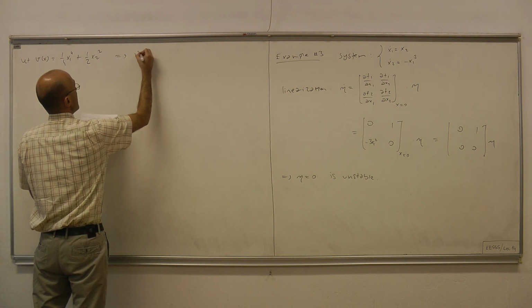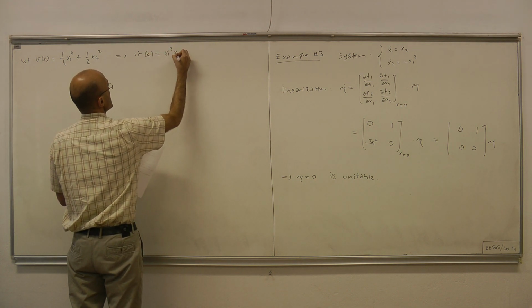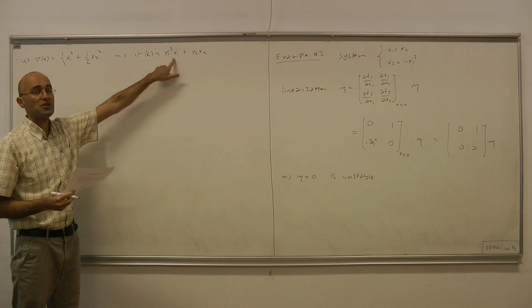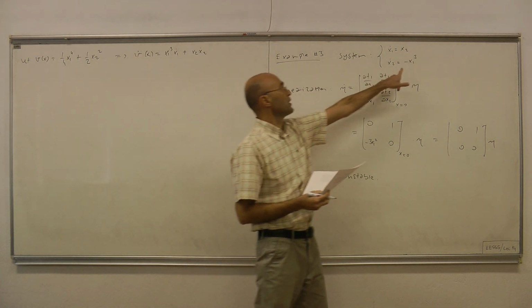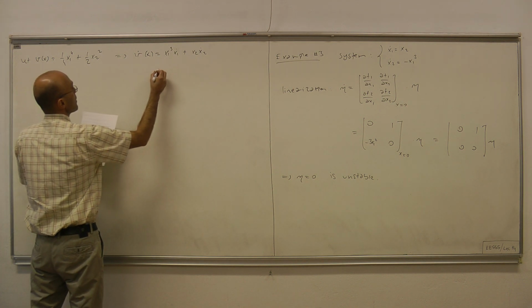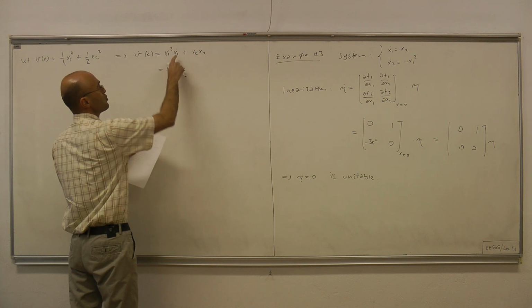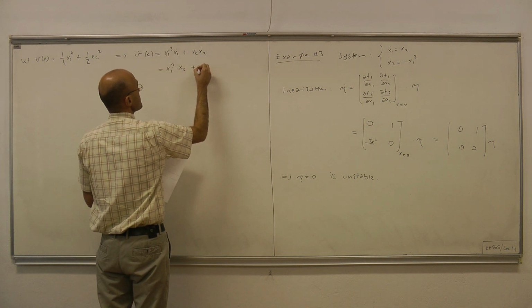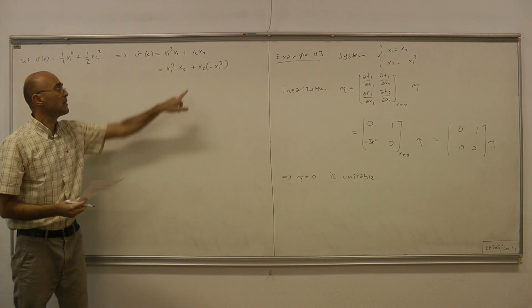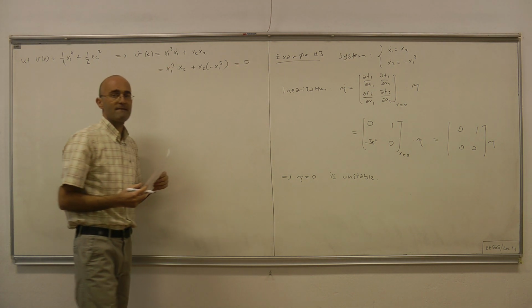That yields V dot of x equals x1 cubed x1 dot plus x2 x2 dot. We can collect x1 dot and x2 dot from the system equations, and if you do that, you have x1 cubed times x2, because x1 dot is x2, plus x2 times x2 dot, which is minus x1 cubed. So this term and that term cancel. So what we have is V dot equals 0.